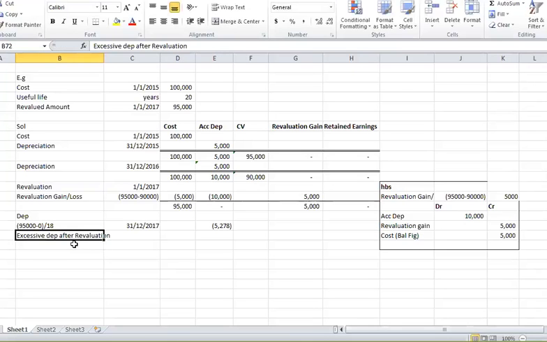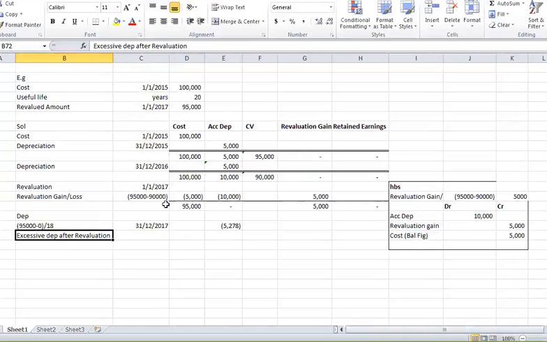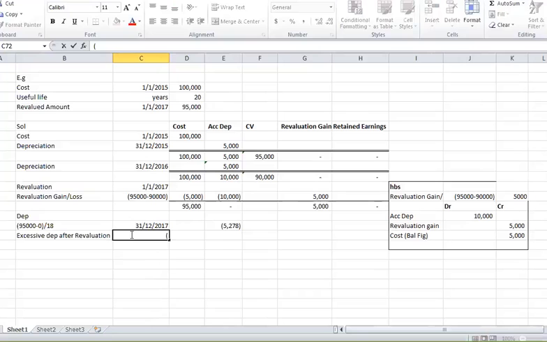After the revaluation, there is excessive depreciation as compared to the depreciation before the revaluation. So it is 5278 minus the previous, before-revaluation depreciation of 5,000. So now there will be extra depreciation of 278 pounds every year.